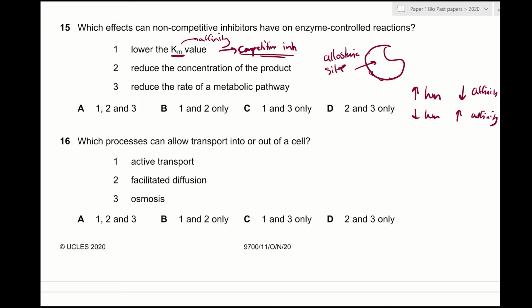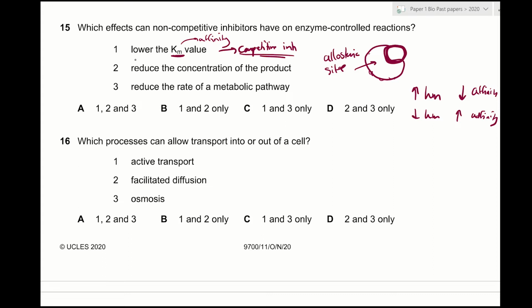Because competitive inhibitors actually bind to the active site of the enzyme. So it competes with the substrate molecule. Therefore, it decreases the affinity. Only competitive inhibitors impact the affinity. And on the other hand, this also cannot be correct for a competitive inhibitor. Why, you would ask?